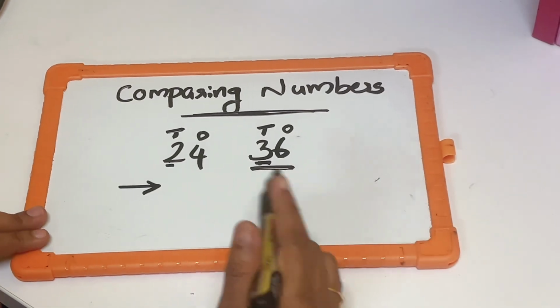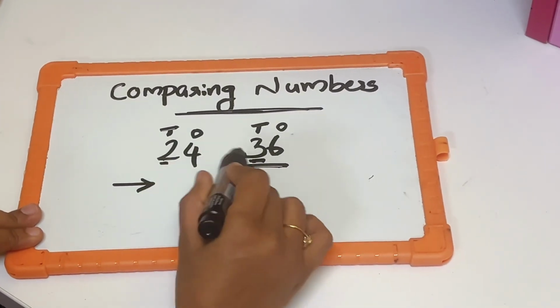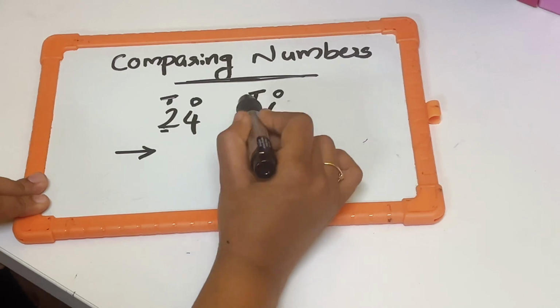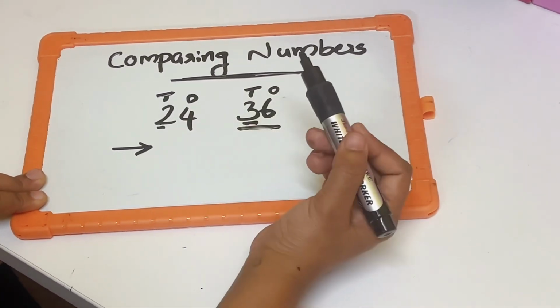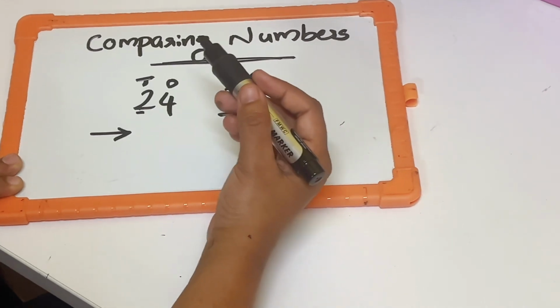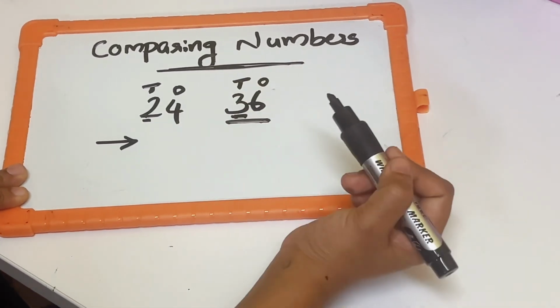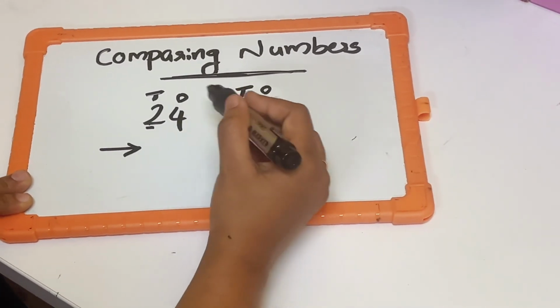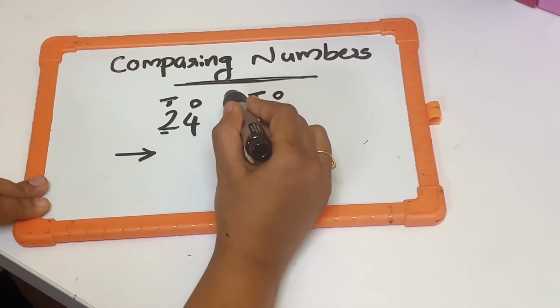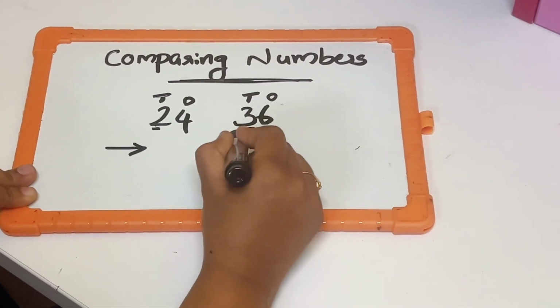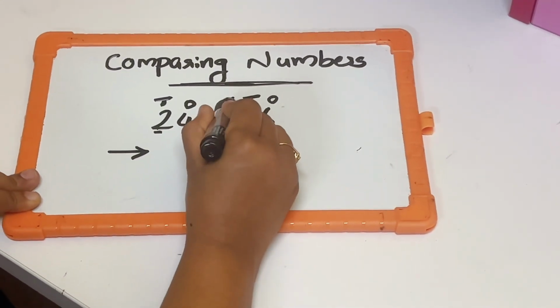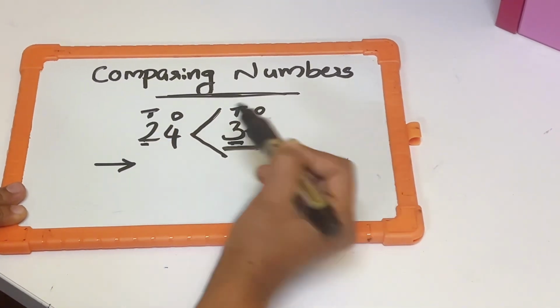But here it is different, not the same. So here 36 is the bigger number. So how to draw the symbol here? I already told you that our crocodile will eat only the bigger number. Here we know 36 is the bigger number. So the crocodile's mouth will open like this.